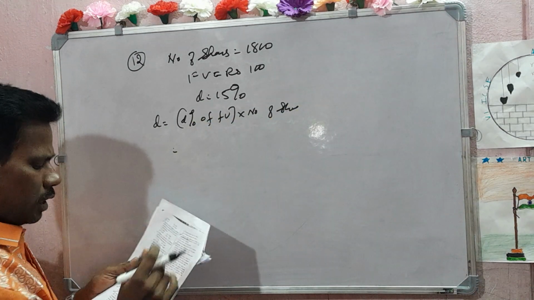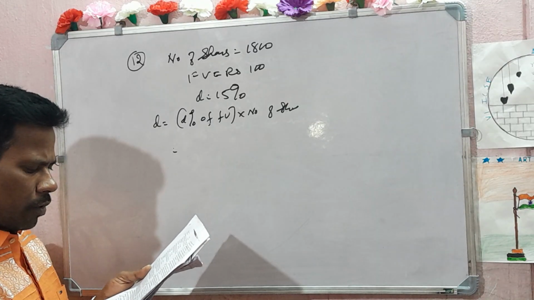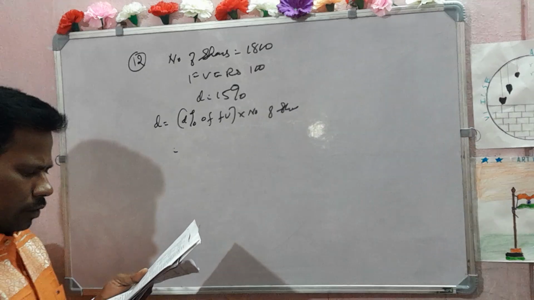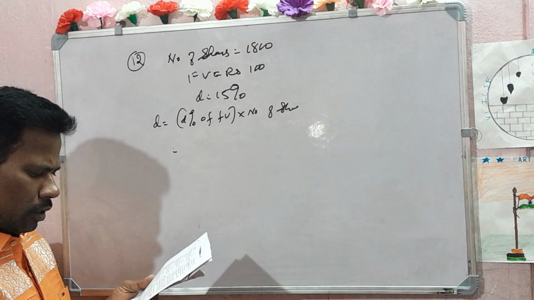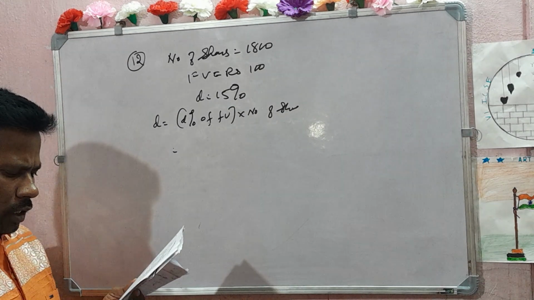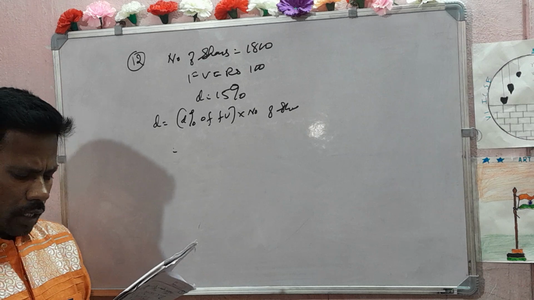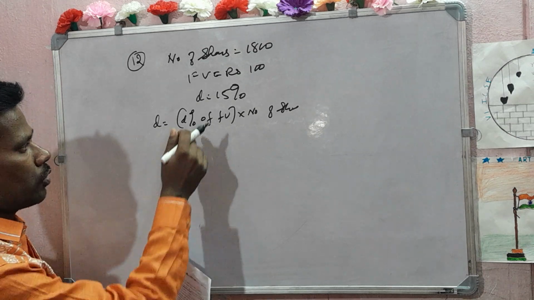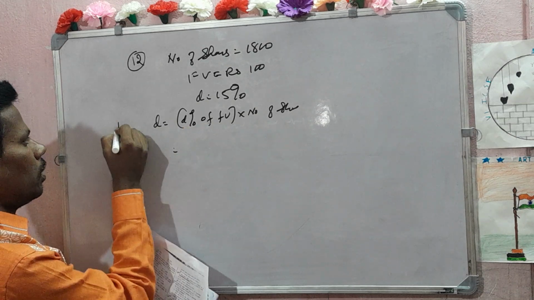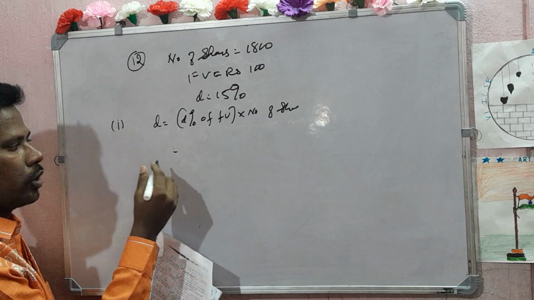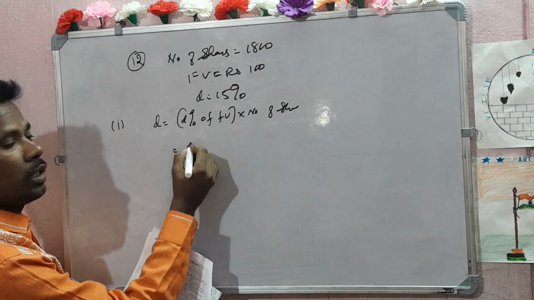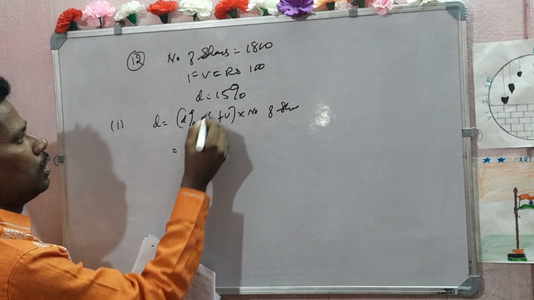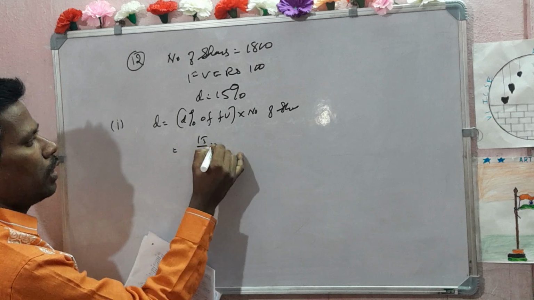What is it asking? A lady bought shares, the company pays annually, calculate her annual dividend. First one is the annual dividend, so that is what I am doing. Dividend is equal to 15 by 100 into face value.